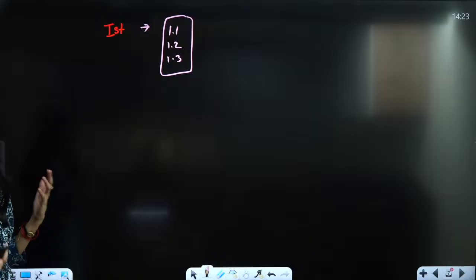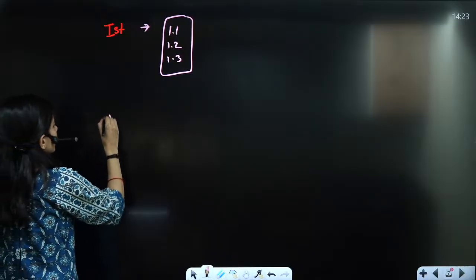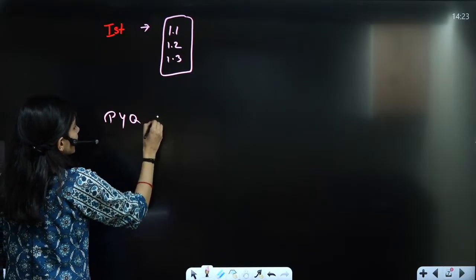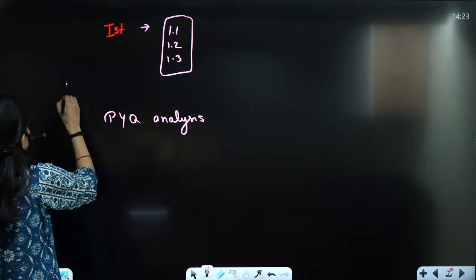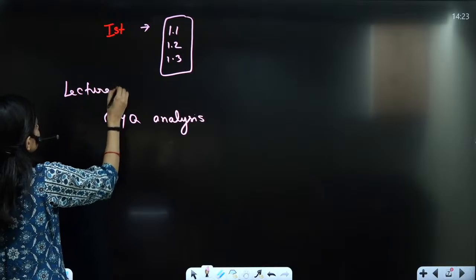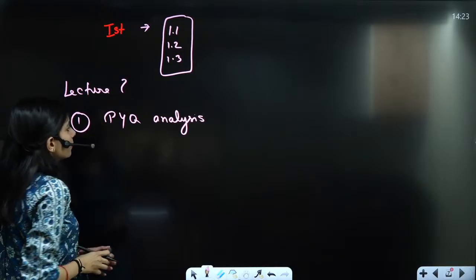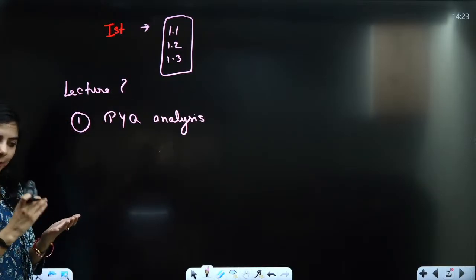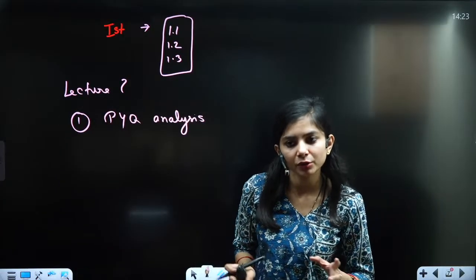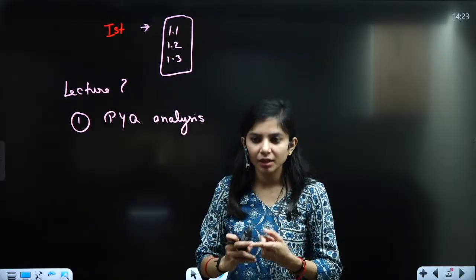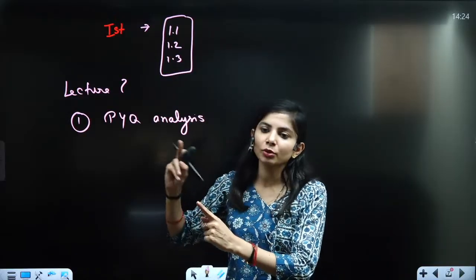It depends upon the requirement. First, we are going to analyze the PYQs. I'm going to provide the PYQs till 1985, but major attention we are going to pay towards 2013 to 2018, then 2018 to 2024.